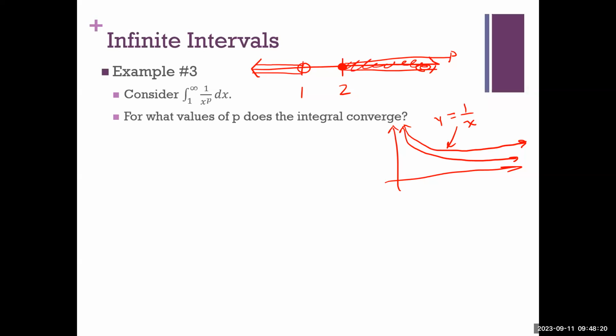If the area underneath 1 over x got infinitely large, then anything bigger is also going to be infinitely large, right? But what about between 1 and 2?